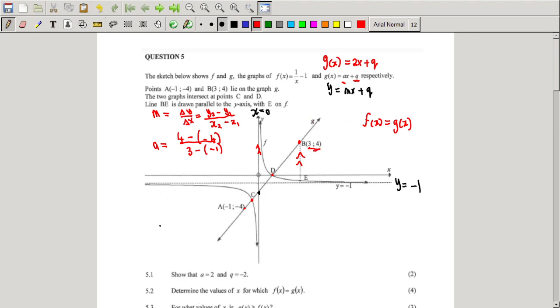Let me check these coordinates, 3 and 4.